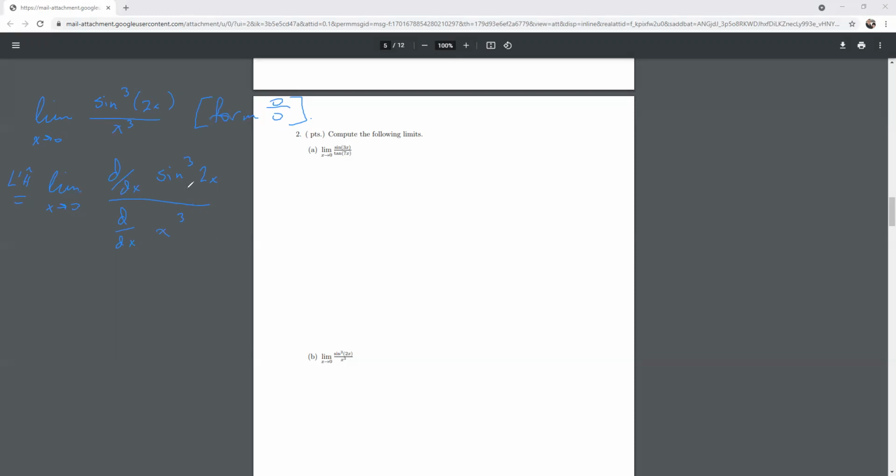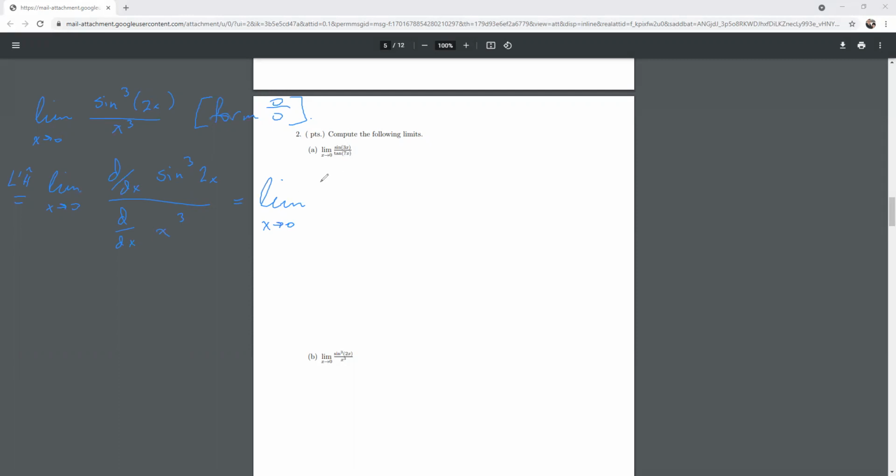Okay, so let's give this a go. Derivative of the top. The outer layer is the power, right? So we have to do the power first. So we do chain rule.